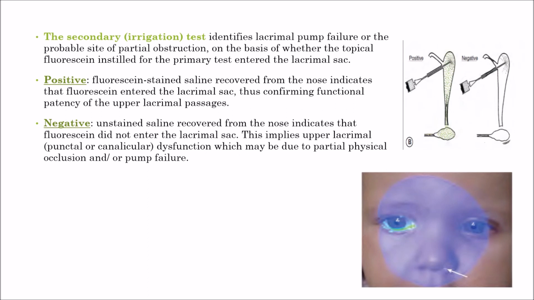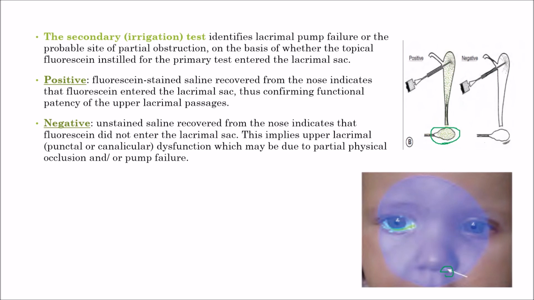As you can see, there is fluorescein here and it is also recovered here, and upon irrigation the partial obstruction is there, but it did enter the lacrimal system and it is recovered on the dye upon irrigation.